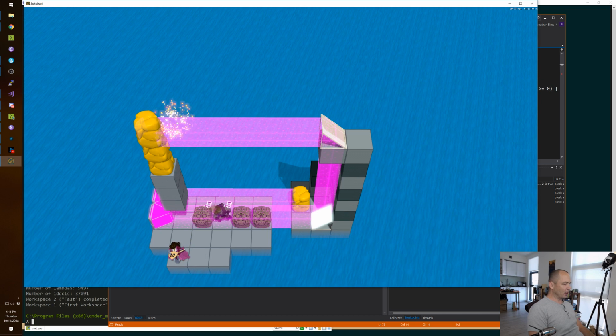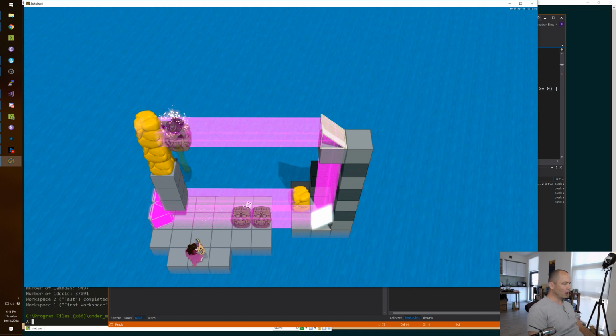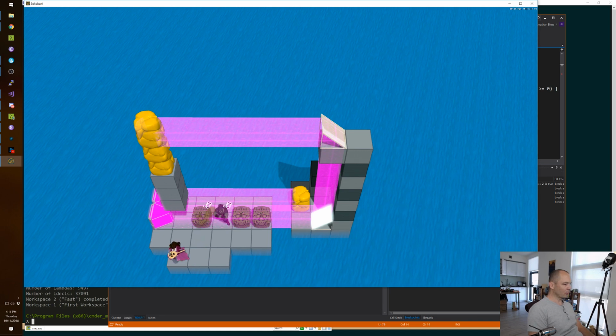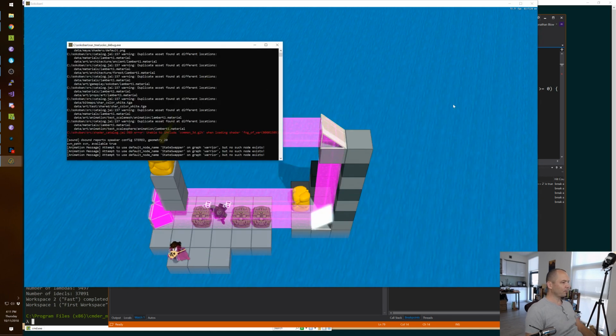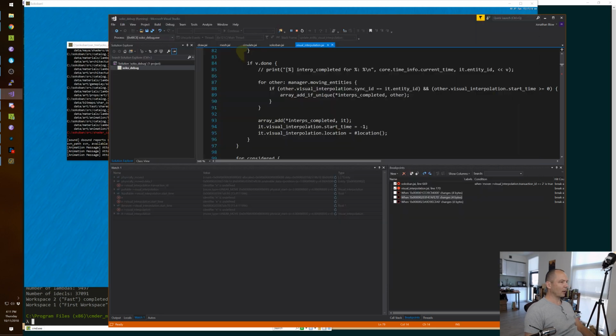Well, it's happening in the debug build. So weird. All right, well, we're doing the same thing we did last time. We're going to visual interpolation.